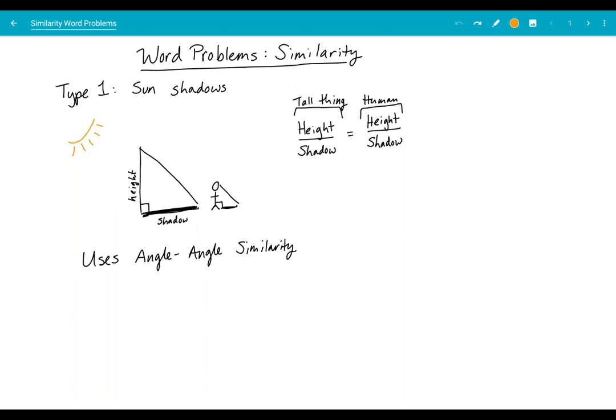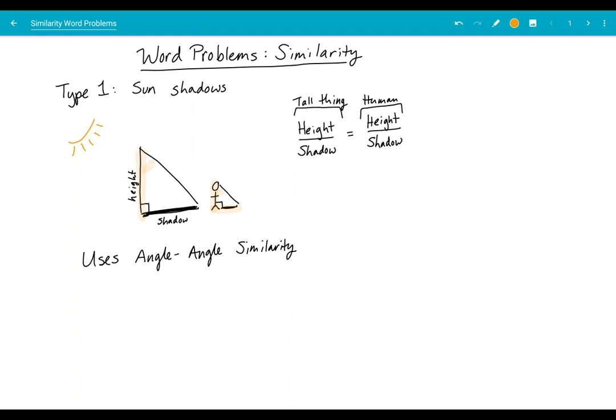So the sun, if you measure at the same exact time of day, should create the same angle, and therefore your shadows should create proportional triangles. So if I know the height of the person and I can measure the length of their shadow, then I can use that to create a similar triangle and find the height of the unknown tall thing.